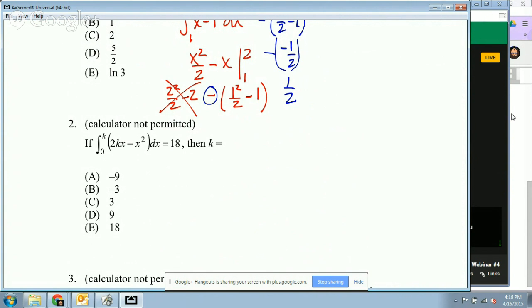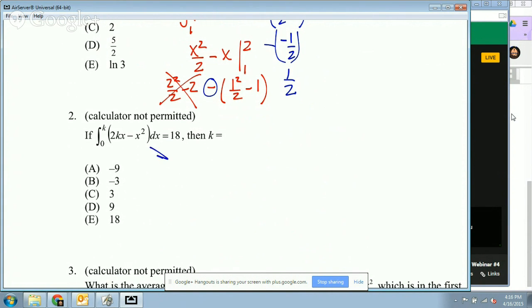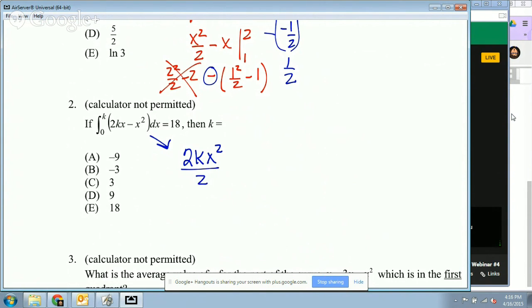So when I'm taking the antiderivative here, I know that I am going to have 2k squared over 2. So notice I didn't take any special antiderivative with the k. I just kind of treated it like one of the numbers. So that's minus x cubed over 3, and then I have my limits of integration from 0 to k.